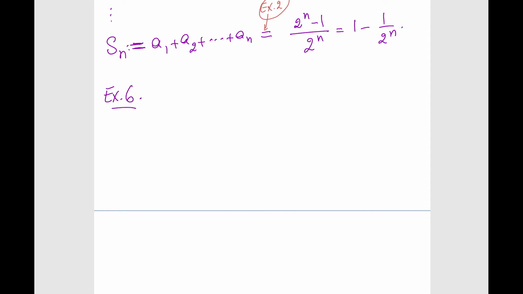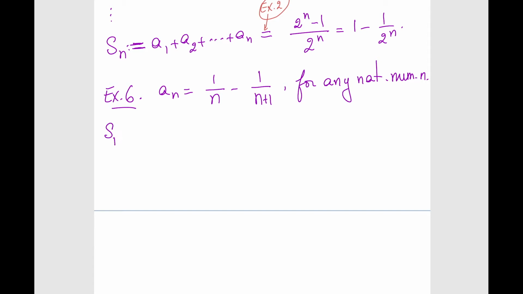For example 6, we have an equals 1 over n minus 1 over n plus 1, and this is for any natural number n. Okay? So the question is to find the first 4 partial sums and make a guess for the nth partial sum. How about we start with the first one, S1.